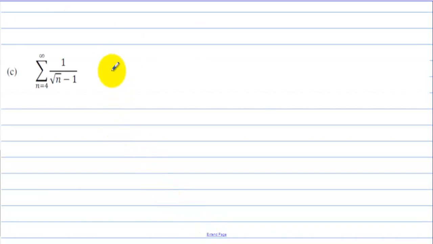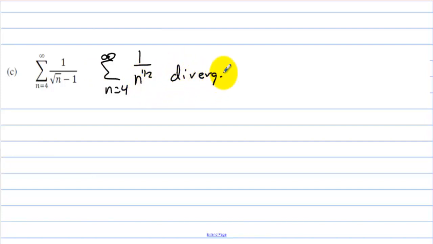For letter C, we're going to compare this to the sum from n equals 4 to infinity of 1 over n to the 1/2, or 1 over square root of n. And this one diverges by p-series test.